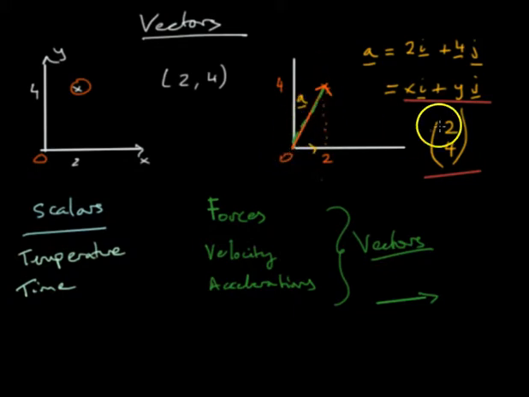This force here, the 2, 4 force, or 2i plus 4j force, is going to be the same force wherever you put it. That force could be there, or all the way over here, or all the way over here. And I don't care where the origin is.